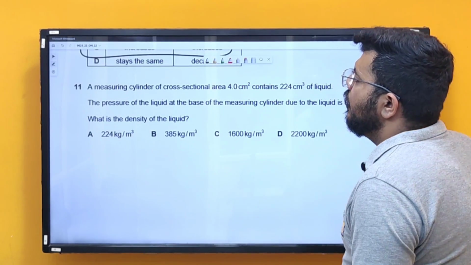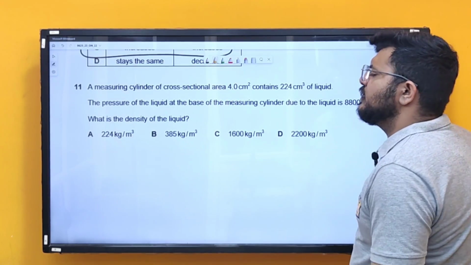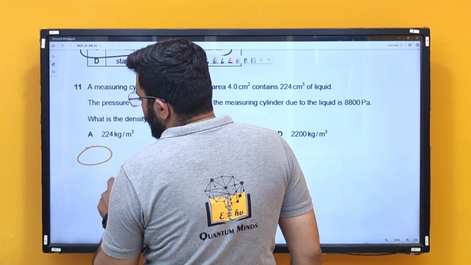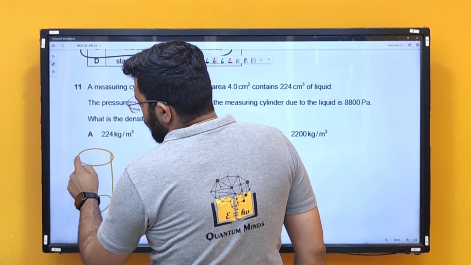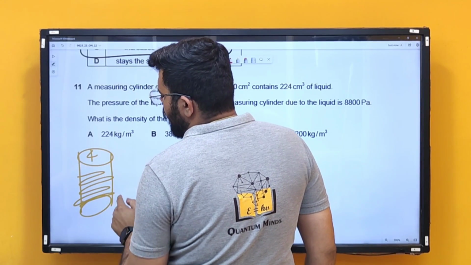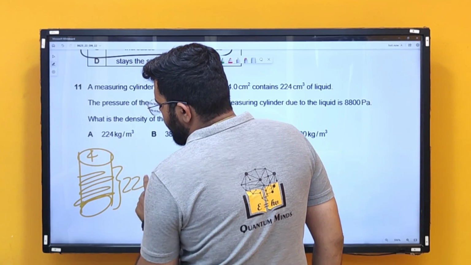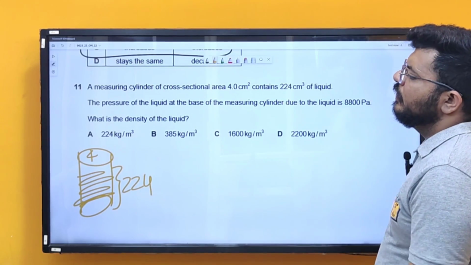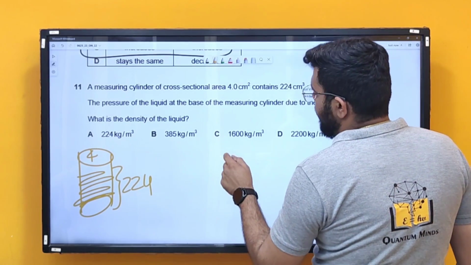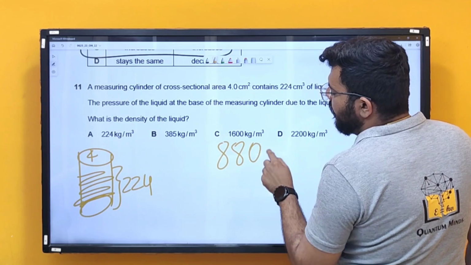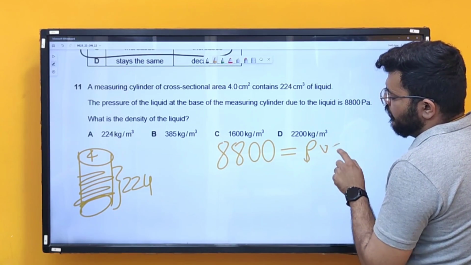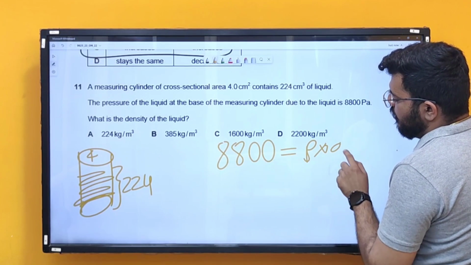A measuring cylinder of cross section area 4 cm square contains 224 cm cube of liquid. Let's say the liquid is filled till here. This cross section is 4 and the volume is 224 centimeter cube. The pressure of the liquid at the base of the measuring cylinder due to the liquid is 8800 Pascal. Pressure of the liquid is density into gravity into height.